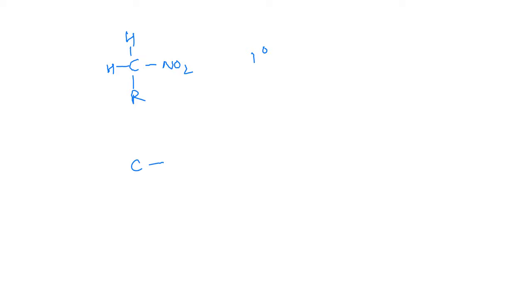Okay, and if it is attached to the secondary carbon, then it is known as secondary. And if it is attached to tertiary, then it is tertiary nitro compound. Clear? Means primary nitroalkane, secondary nitroalkane, and then tertiary nitroalkane. Okay.